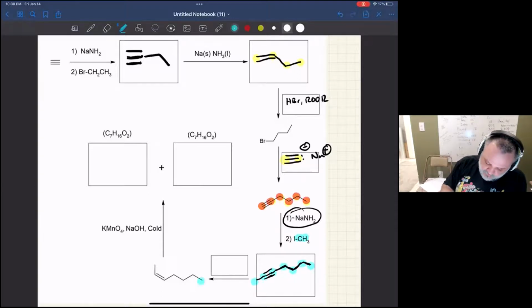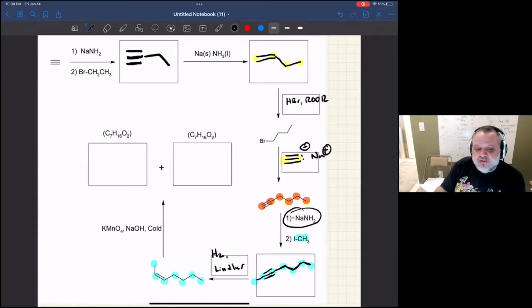Okay, and so this one also has 7 carbons. It formed an alkene, and instead of being a trans alkene, it's a cis alkene. So I still need a poisoned catalyst, but I need a specific poisoned catalyst. And H2 and Lindlar will get you a cis alkene.